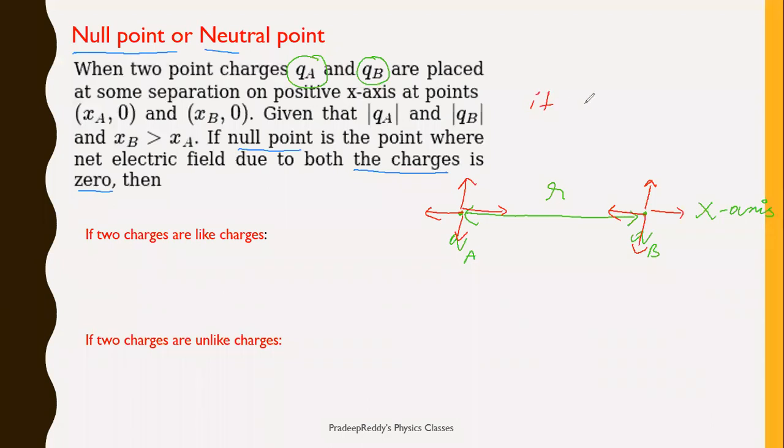If at all QA magnitude is equal to QB magnitude, that means if this is 10 coulomb and this is also 10 coulomb, exactly the neutral point is at the center. Neutral point will be center if magnitude of charge A and magnitude of charge B, if they are equal, then null point is at the center.